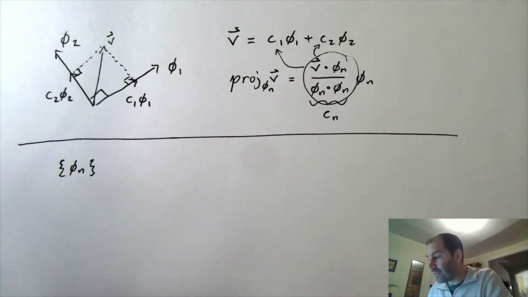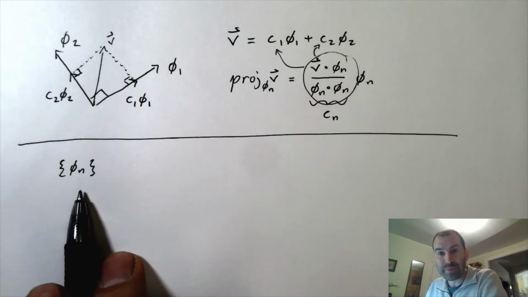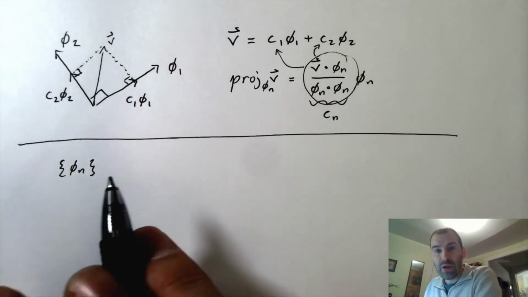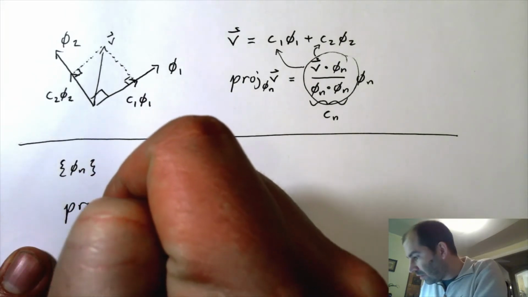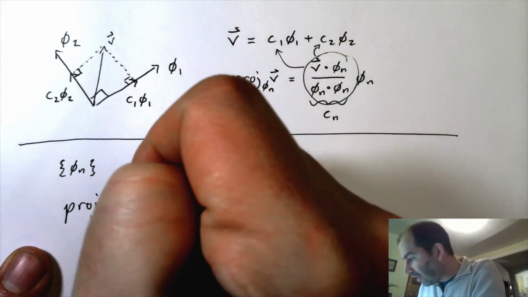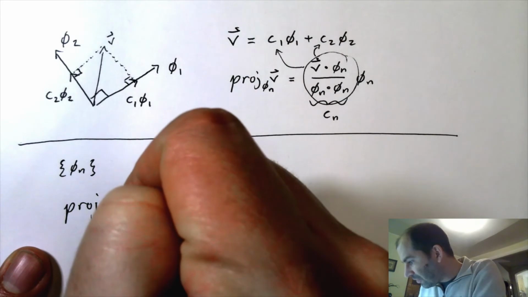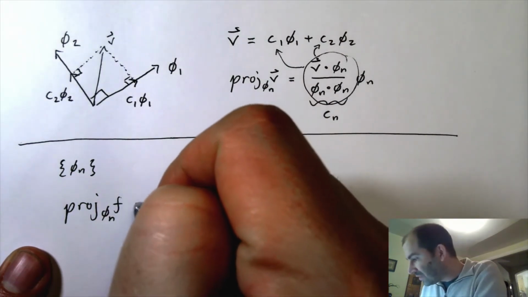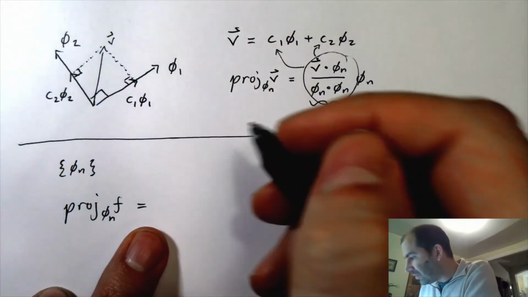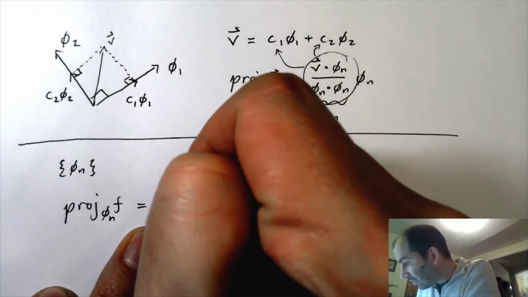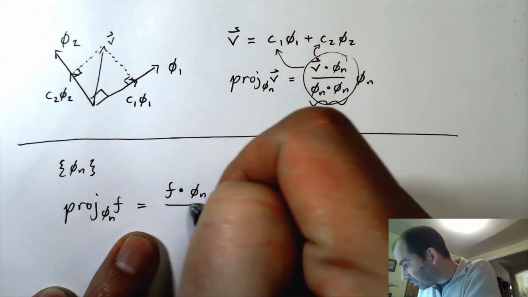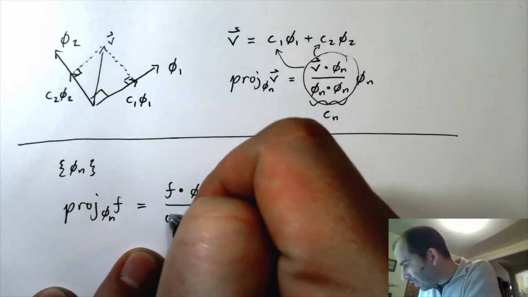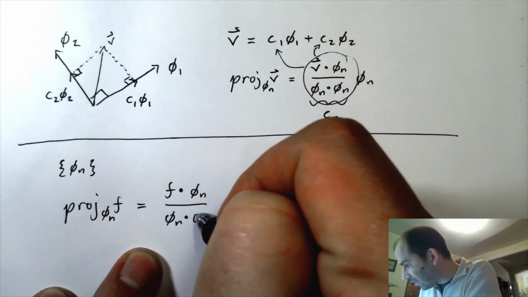Well, that's exactly what we're going to do down here. If I project my function onto phi n, and again, I'm going to abuse notation and use this dot product notation, which most mathematicians won't know what you mean by, but we know what it means. We talked about it. It's the inner product.